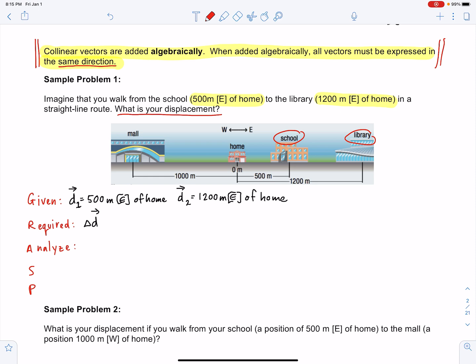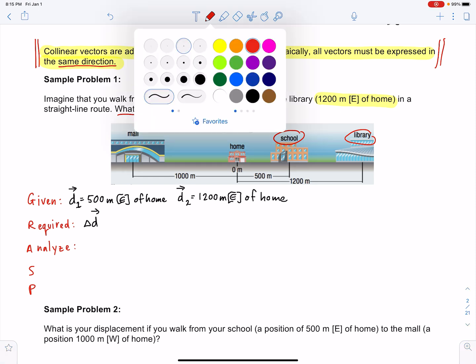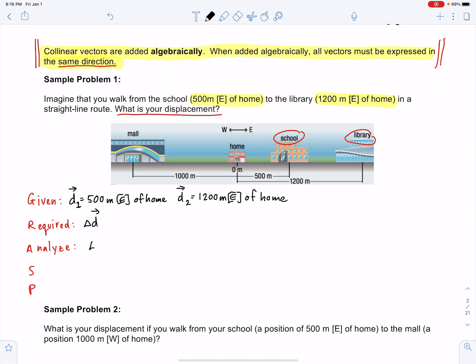Since we're given positions, we're going to use the first equation, which states that delta D is equal to position 2 minus position 1.